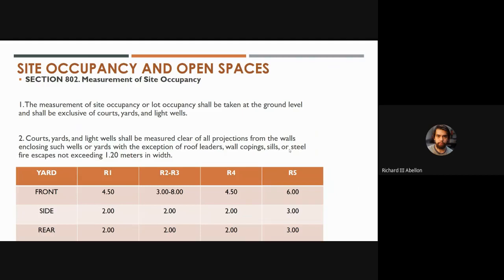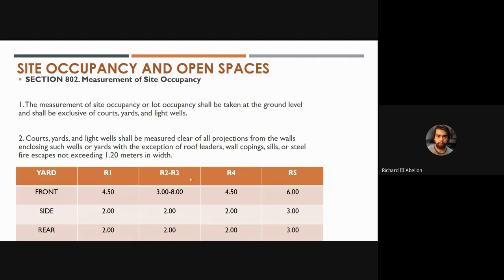Now, courtyards and light wells shall be measured clear of all projections from the walls enclosing such wells or yards, with the exception of roof leaders, wall copings, sills, or steel fire escapes not exceeding 1.20 meters in width. Okay, so pag titignan natin tong table, we have the yard here and this is the type of residential occupancy: R1, R2, R3, R4, and R5.